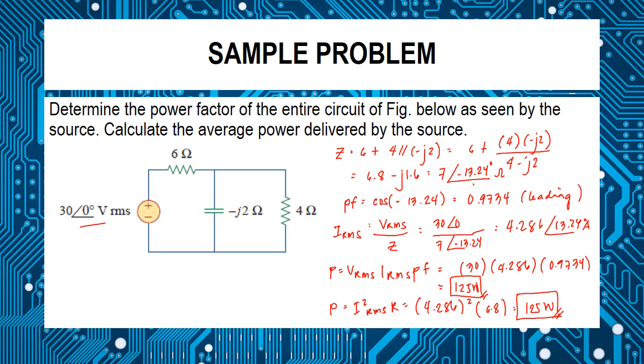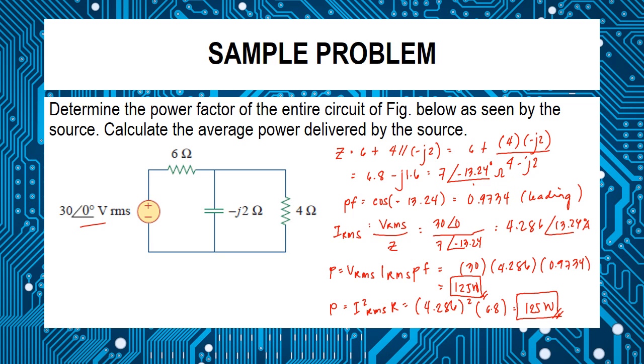with 6. So Z is equal to 6 plus the parallel, negative j2, or 6 plus 4 times negative j2 over 4 minus j2. This will be equal to 6.8 minus j1.6, or in polar we have 7 angle negative 13.24.